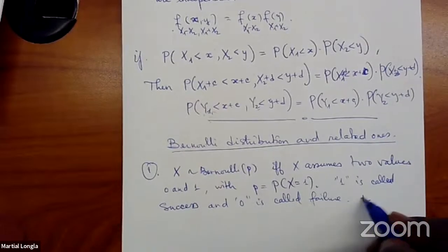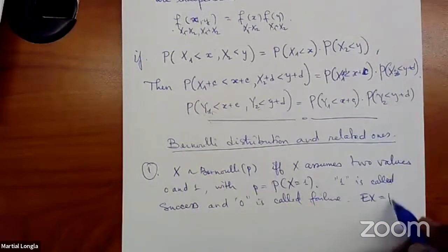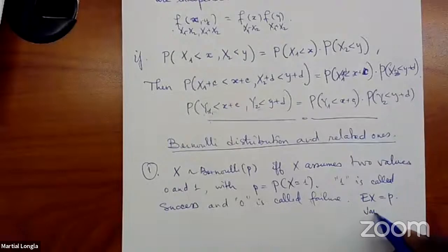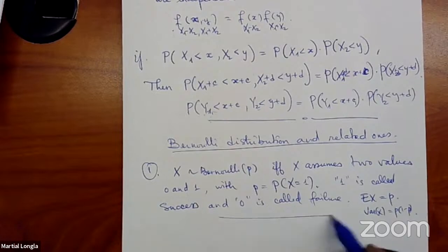And we had the expected value of this random variable equal to P, and the variance equal to P times 1 minus P. That's what was done.